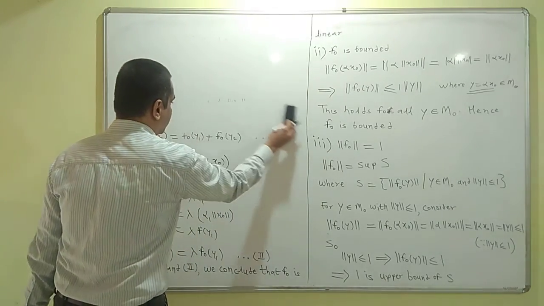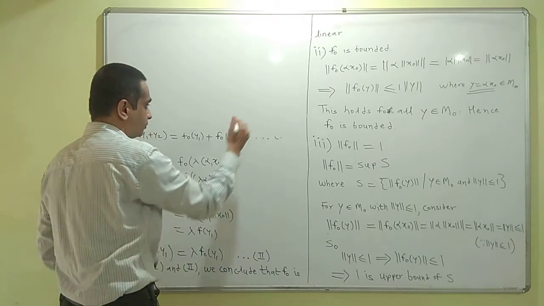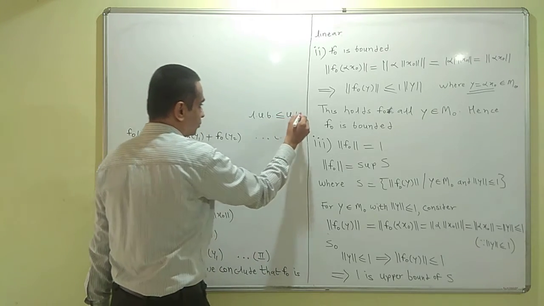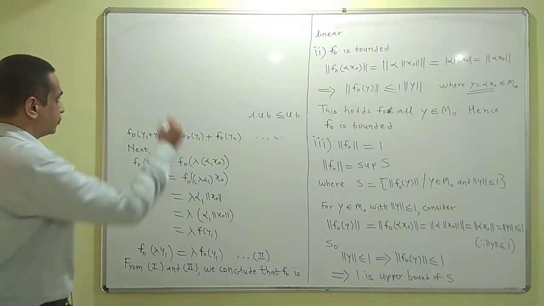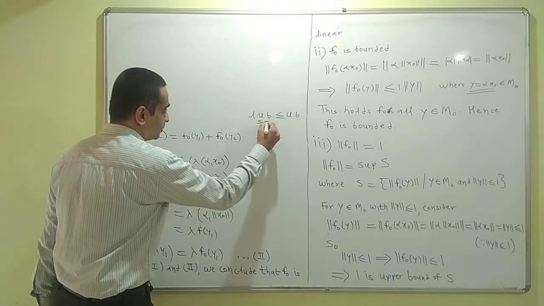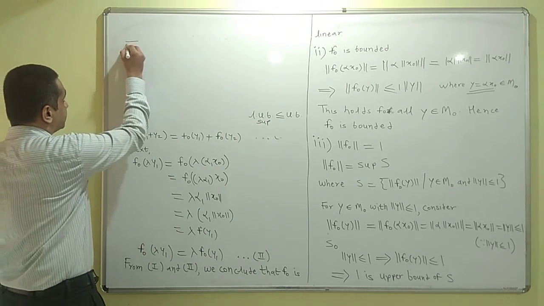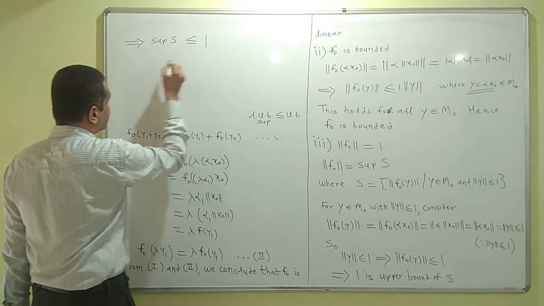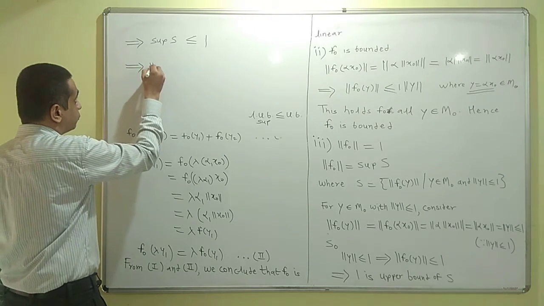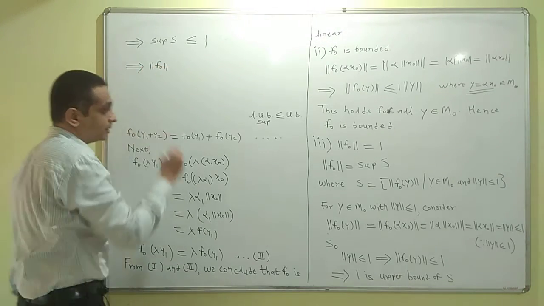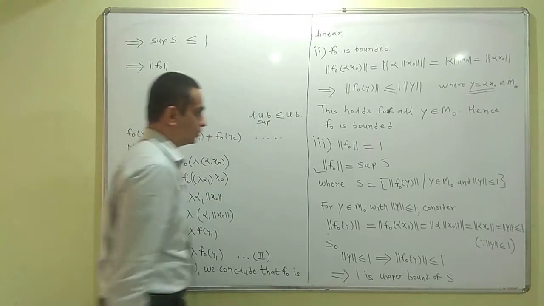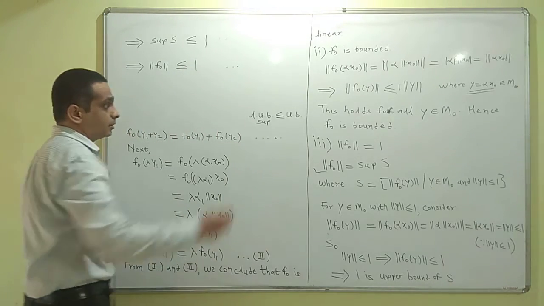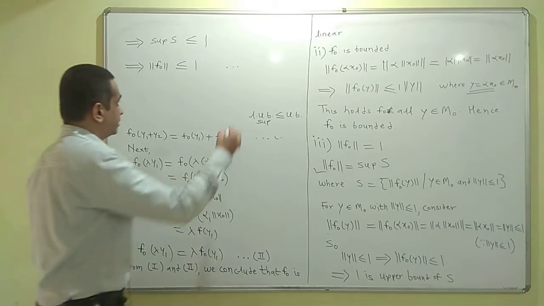Obviously the least upper bound is less than or equal to an upper bound, a very basic fact. Least upper bound is the same as supremum. So the supremum of S is less than or equal to 1, but the supremum of S is nothing but the norm of f0. So norm of f0 is less than or equal to 1. Say this is the third statement.